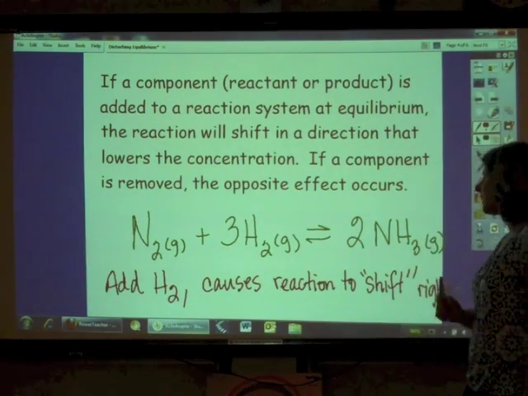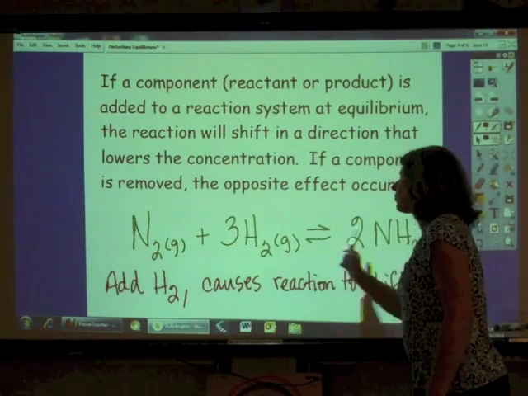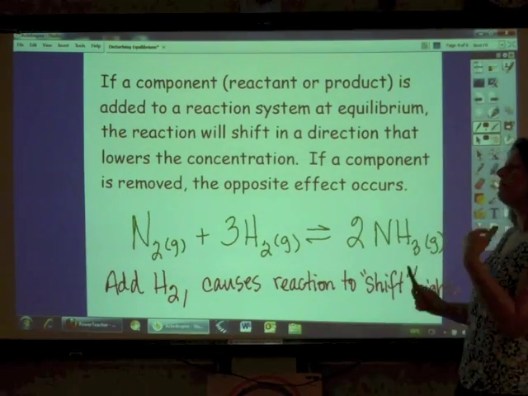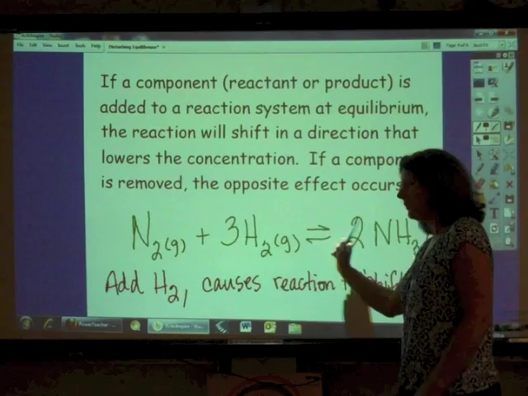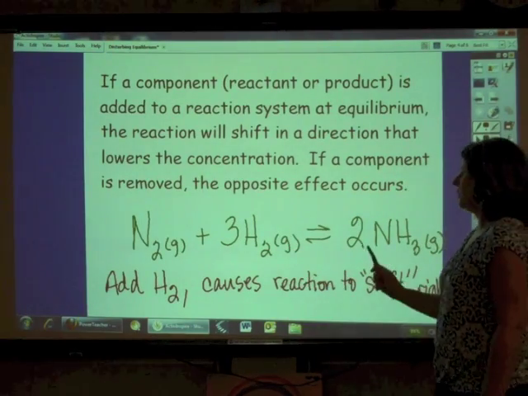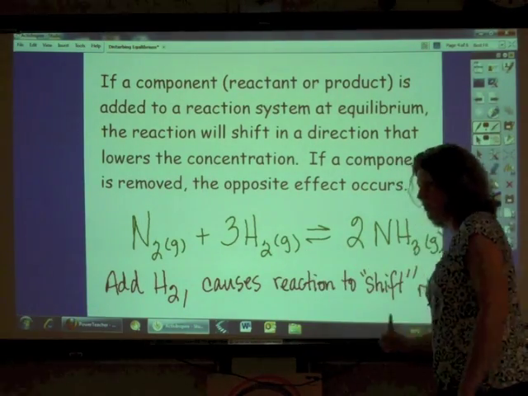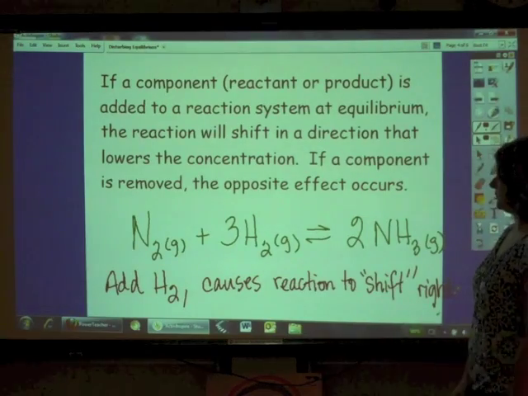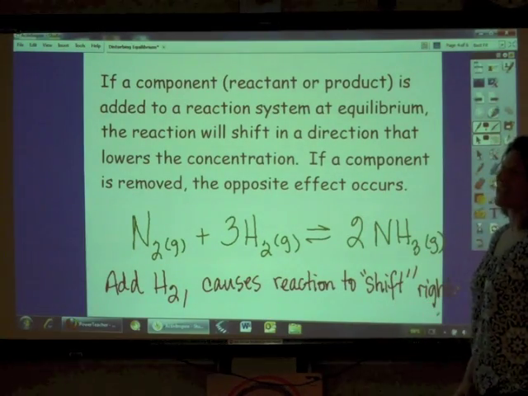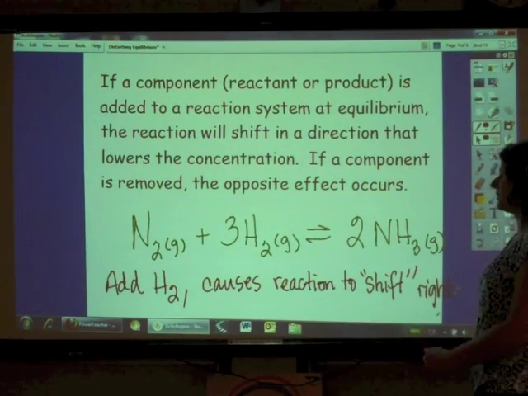But momentarily, the forward reaction rate will increase compared to the reverse reaction rate. It will be greater than the reverse reaction rate. It will be out of equilibrium, and we term that as shifting to the right.